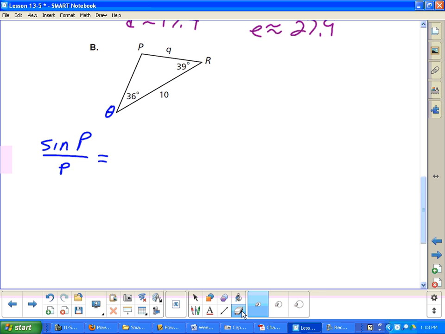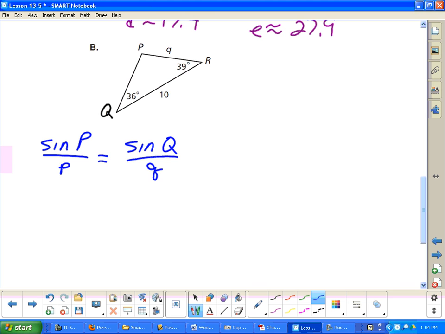Q. Got theta in my mind. Okay. So label it using the labels that they have. Make sure that your sides that are labeled the same as your angles are across from each other. Okay, or under each other.